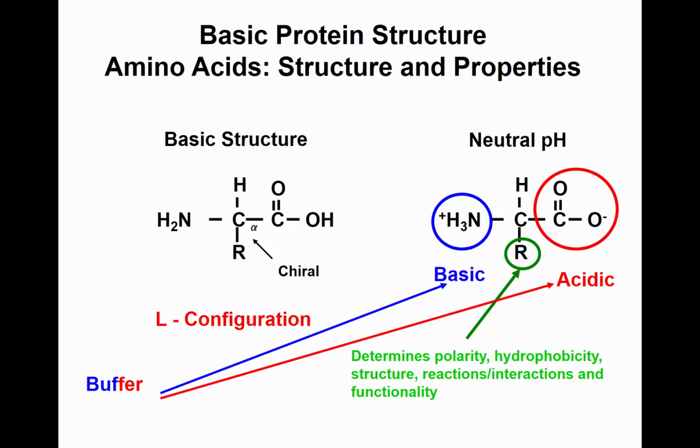Do you have a phenol group? What do you have here? Reactions and interactions, do you have an OH group? Do you have an SH group? Do you have an amine group? Do you have an additional carboxyl group? And because of the composition of this R group, this is what impacts the functionality of the protein. But before it impacts functionality, it impacts structure. And then when structure is impacted, functionality is impacted.